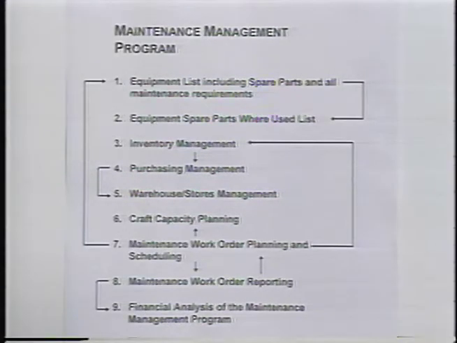Now there are 2 arrows coming out of 8. The one on the right-hand side of 8 going to 7 is all of the reporting activities against the maintenance work order, also such things as craft observations, findings, and recommendations.